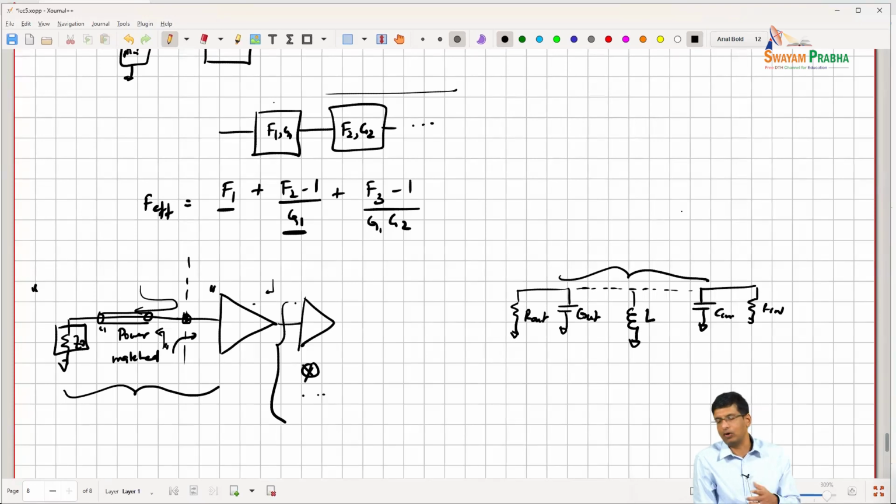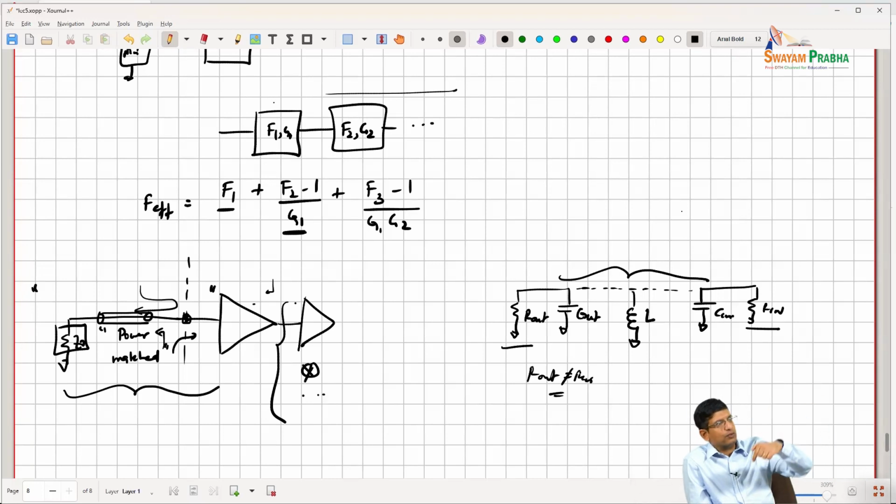So yes, I'm not conjugate matched in the sense that R out is not equal to R in, but the reactive part is resonating out just as it would in a matched network. So I have some loss because R out is not equal to R in, in terms of losing optimum power going into the next stage. But if they are of the same order of magnitude, then I don't need to worry too much about losses or suboptimal performance because of this, right?